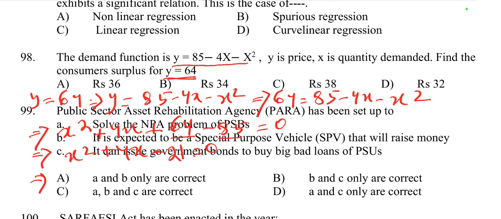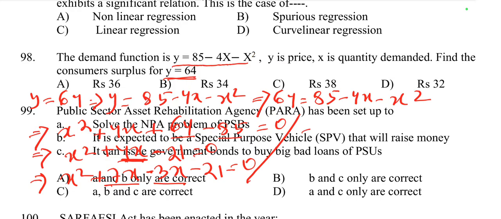Now we solve it by the factorization method. So we separate the value of 4x as x square plus 7x minus 3x. We can factorize 4x as plus 7x minus 3x, since plus 7 minus 3x is equal to 4x, and 7 into 3 is equal to 21. So here minus 21 is equal to 0.